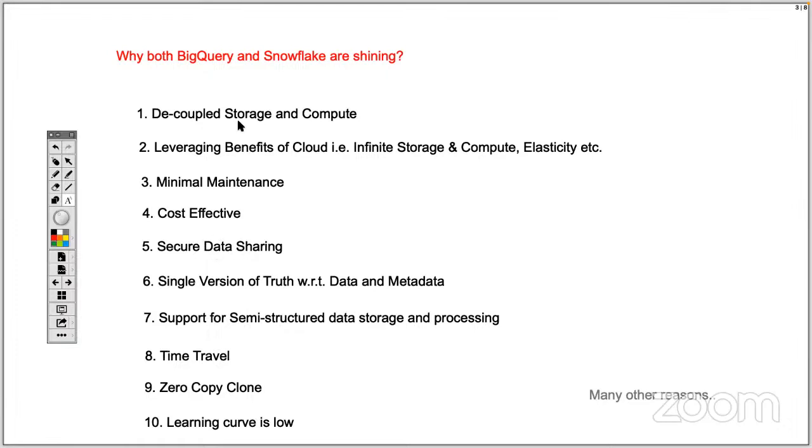That's why these technologies are shining, because data sharing is very easy. Earlier, sharing data was not easy with traditional data warehouses, because there were different versions of truth. You send data to another department, they work with a different copy of data, and you have a different copy of data. And then access control, how can we achieve that? These things were not easy.